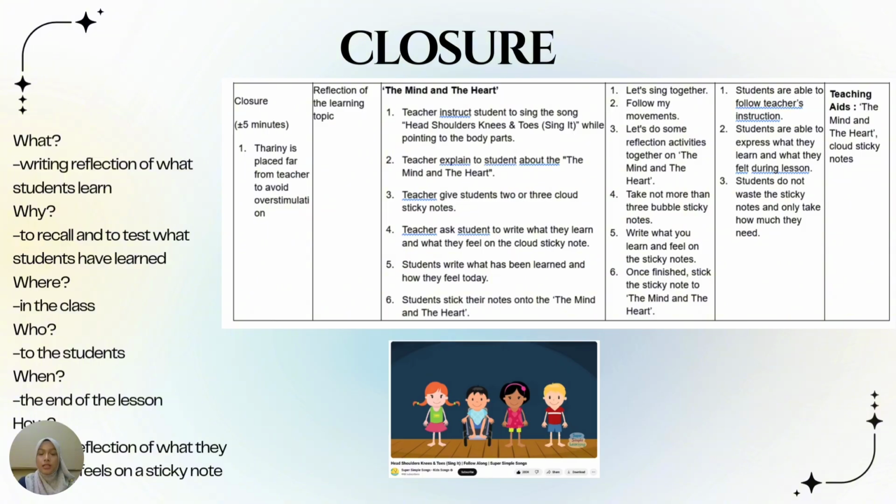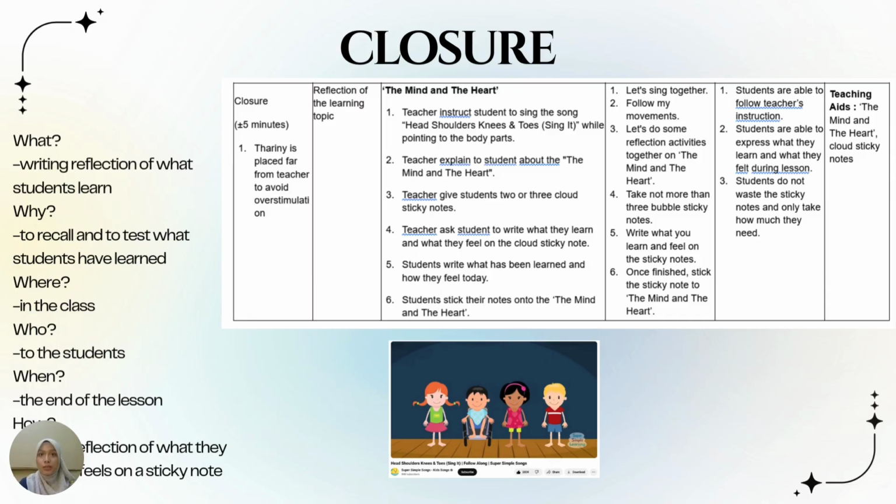So for this stage, the differentiation and accommodation that I decided to put is that Tarini is placed far from the teacher to avoid overstimulation. Same as just now, this is because autistic students tend to be overwhelmed by loud noises.